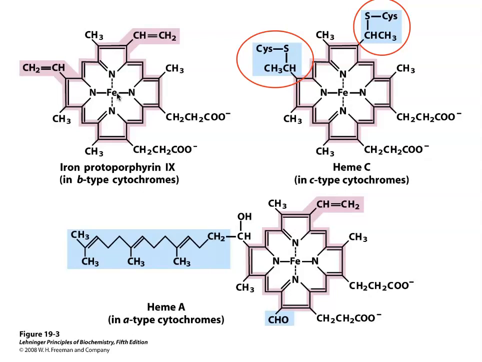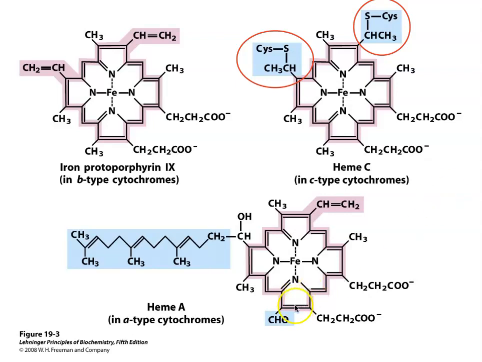In hemoglobin, this iron can only be in the ferrous state, Fe2+, but here it can be either in Fe3+ or Fe2+ form. And you can see here that in cytochrome C in the mitochondria, the heme group is permanently attached by 2 cysteine residues to the protein part of the cytochrome molecule.